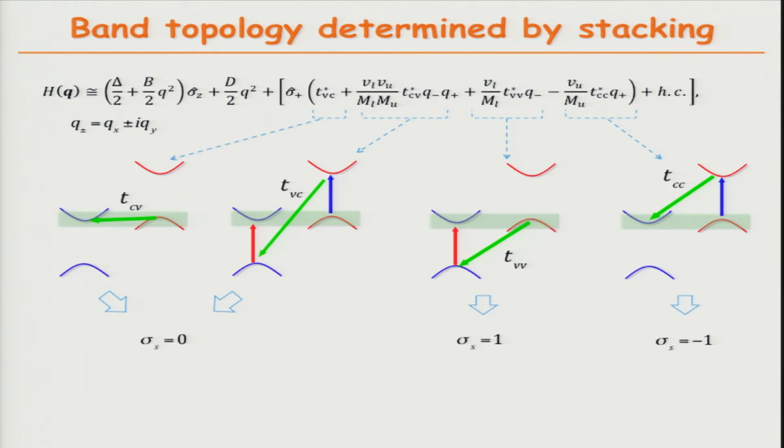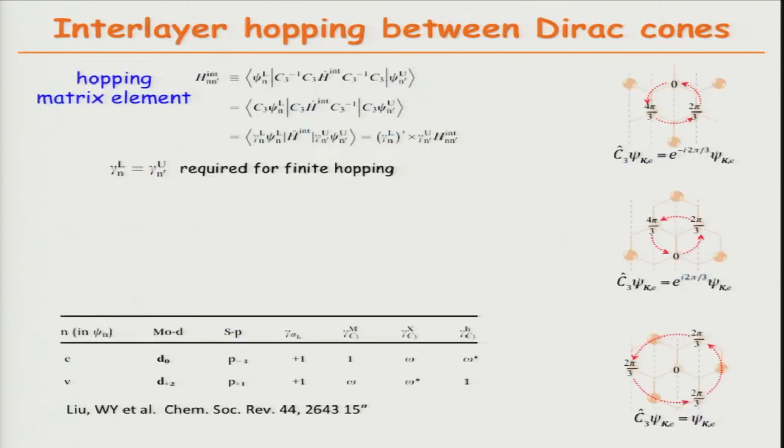But which of these 4 channels dominates depends on the interlayer stacking once again. Because the hopping matrix element has also to be dictated by the C3 rotational symmetry of the band edge Bloch functions. To have a finite hopping, the two wave functions in the 2 layers must have the same transformation.